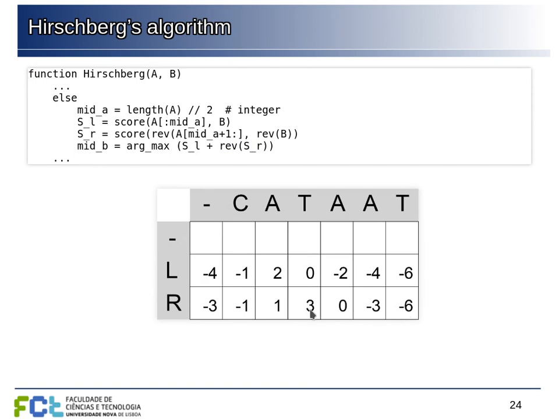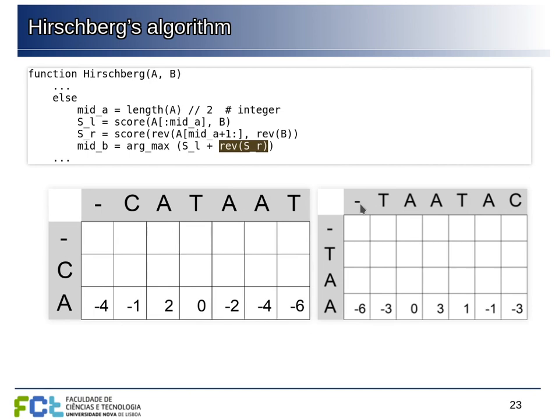So these are all shifted one cell, which means that on this position here, the left side is covering all the way to CA, but the right side is only covering up to this T, so TAAT, because this scoring vector got shifted because of the gap there.